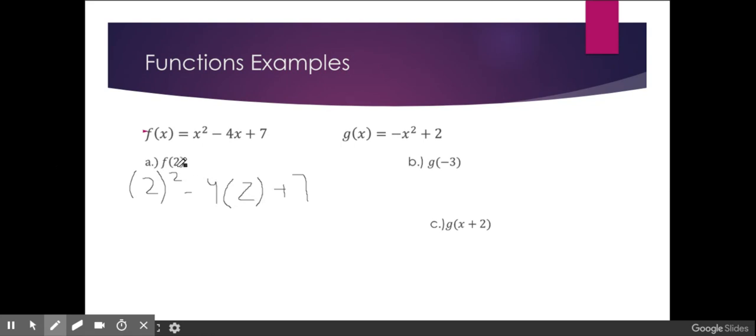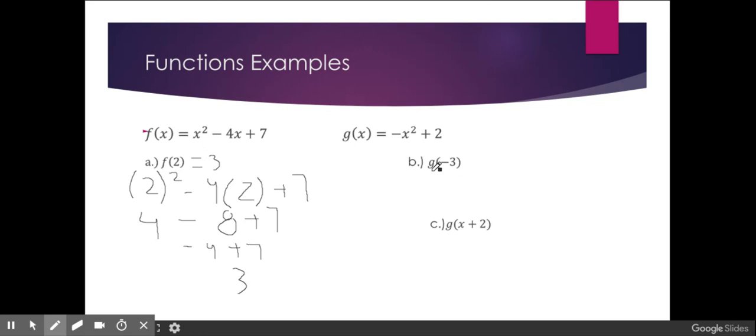So when we solve, we do exponents first. So 4 minus, we can multiply 4 times 2, which is 8. And then we have plus 7. And then lastly, we'll simplify. So 4 minus 8, we get negative 4 plus 7. And last step, negative 4 plus 7 gives us 3. So f of 2 equals 3.